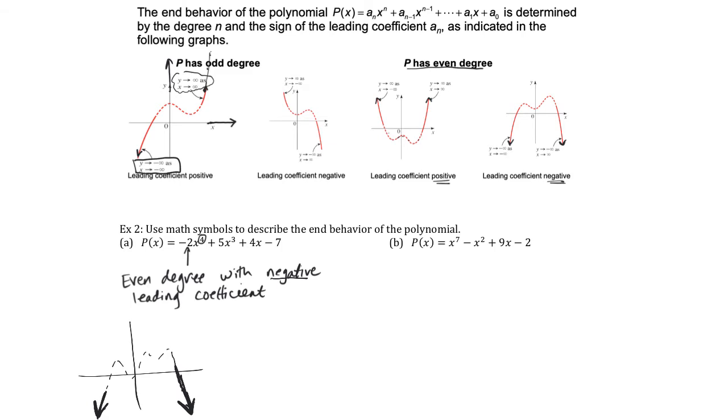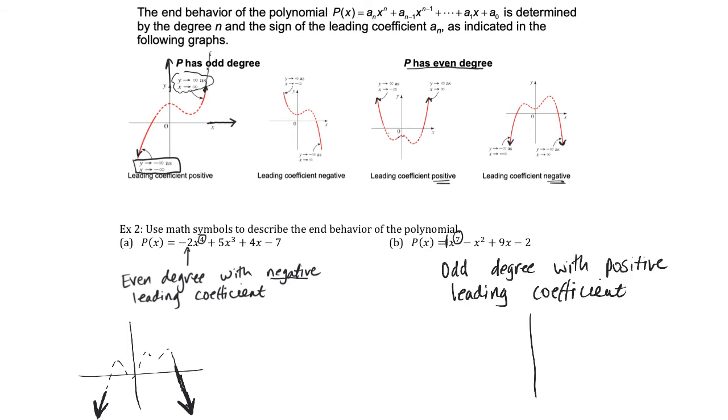Okay, let's look at this one. If there's no coefficient, it means there's a little 1. So we have a degree of 7 and a positive leading coefficient. And so we're not sure what it does in the middle. But here, y goes towards infinity as x goes towards infinity.